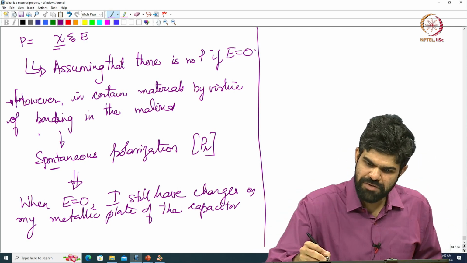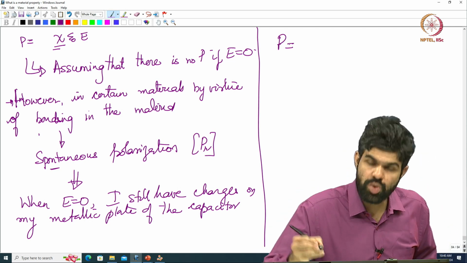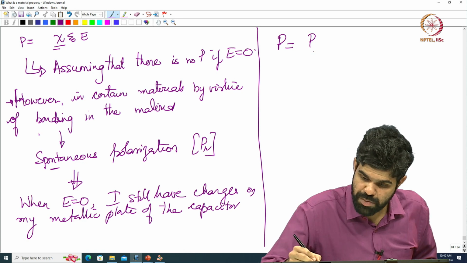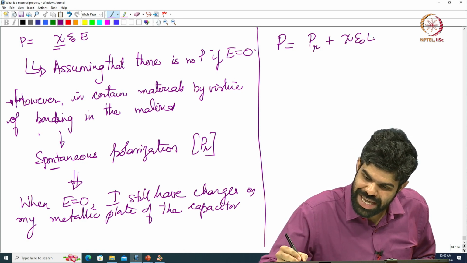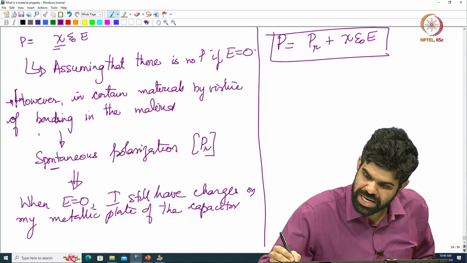Now if I apply an electric field, the total polarization is the spontaneous polarization plus chi epsilon naught E. So this is the total polarization.